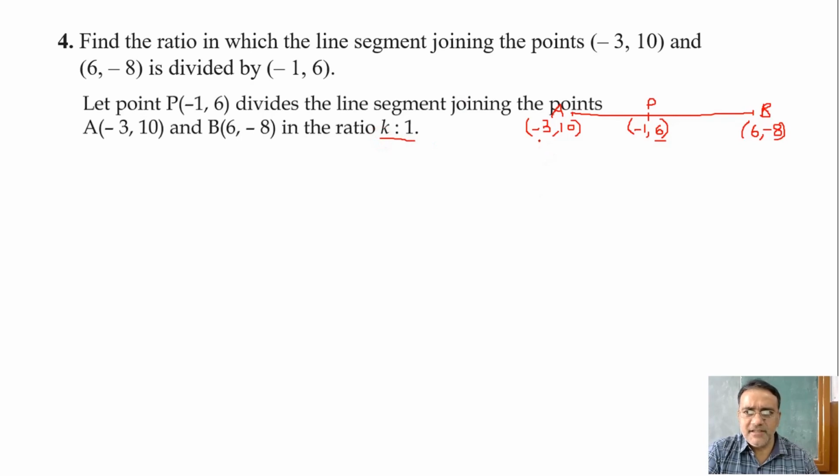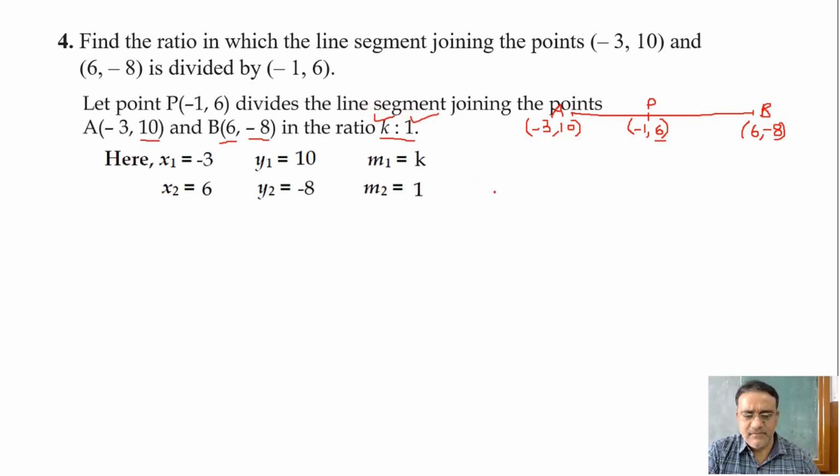So now what is x1 here? Minus 3, and y1 is 10, x2 is 6, y2 is 8, and m1 is k and m2 is 1. Now we'll write the formula. Okay, just now I told you that I would like to use 6. 6 is the y coordinate, so I will write the formula for y coordinates.